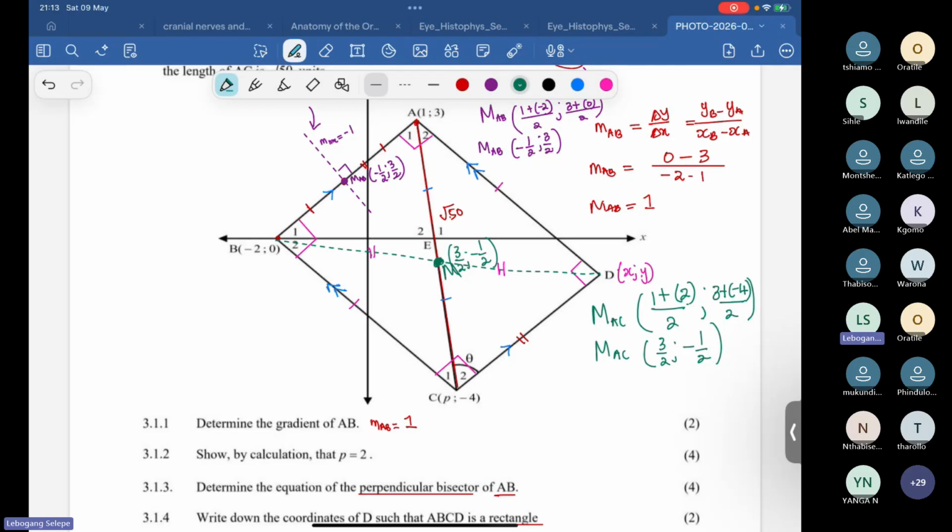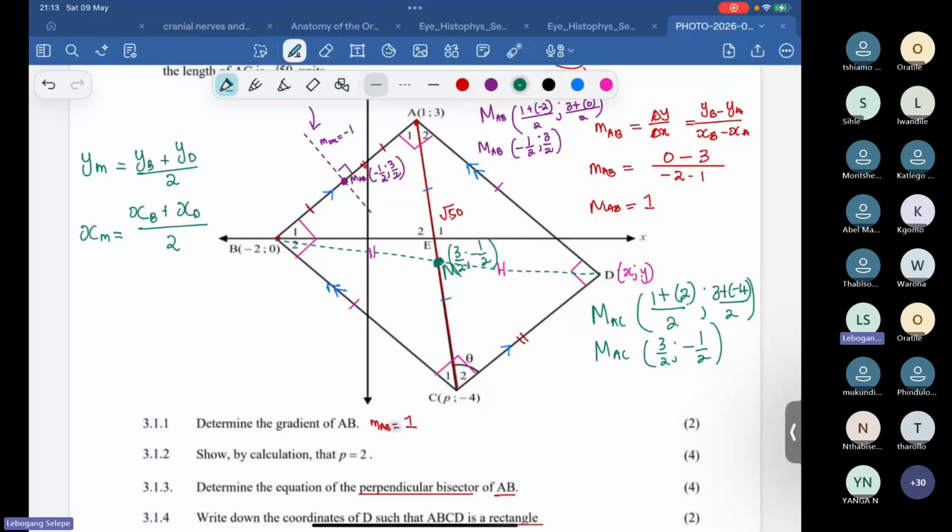Remember I showed you these equations where I said the x value of the midpoint is equal to the x value of B plus the x value of D, divided by 2. And similarly, the y value of the midpoint is equal to the y value of B plus the y value of D, all of that divided by 2. So these are the equations that are very key in helping us figure out the coordinates of D, right? Because we have the midpoint.